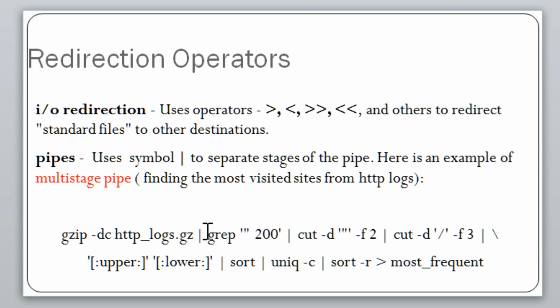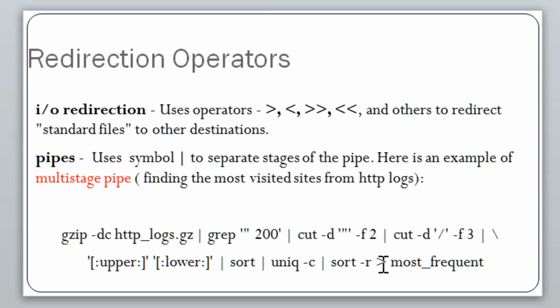So the output of this gets put into the input of this, and so on all the way through until we get to this point, the reverse sort, and it sends all of this into the file most frequent. So it redirects all of that standard output into most frequent, okay?